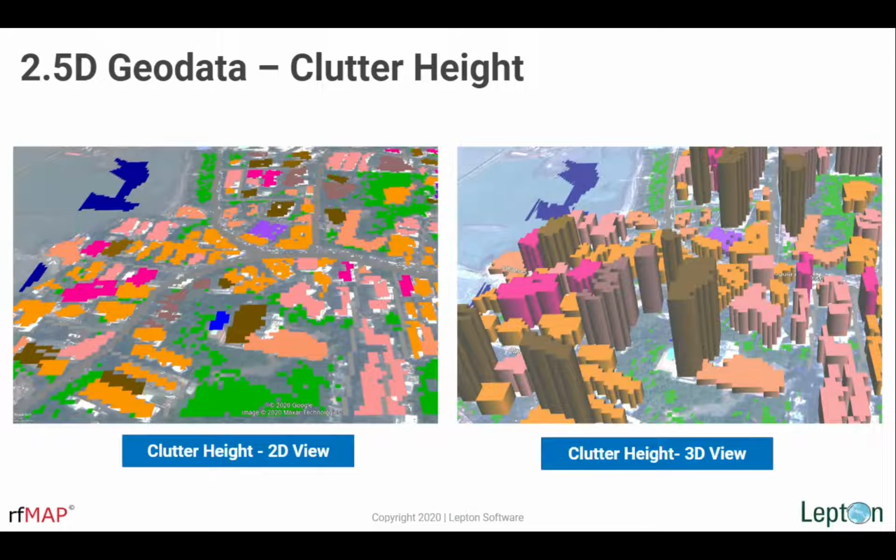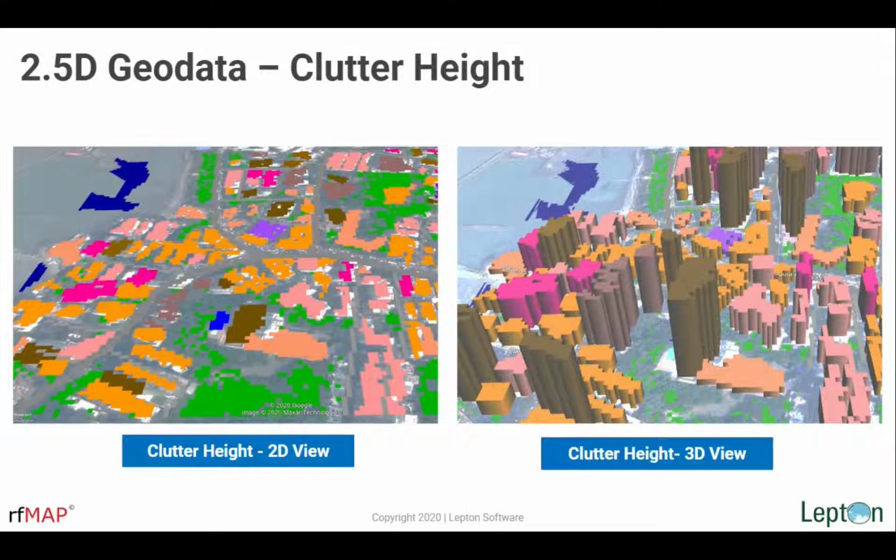With this screenshot, I am trying to show you the comparison between the clutter layer and clutter height. On my left-hand side, the image is the 2D view, where you can see the different colors represent different clutter classes.